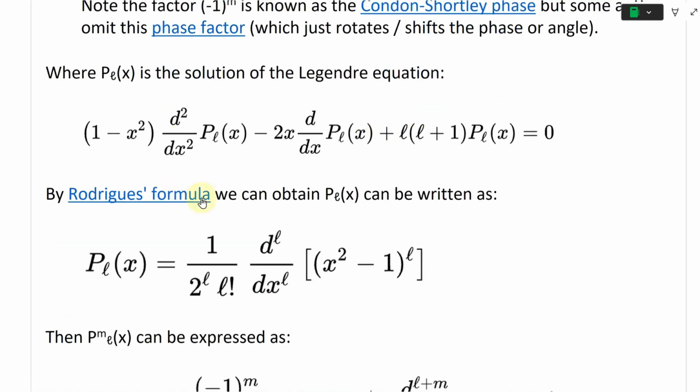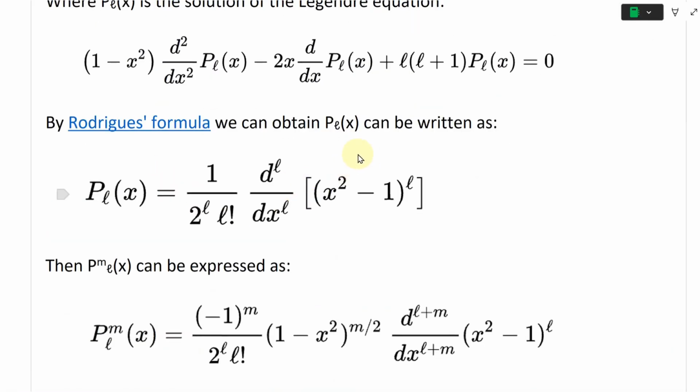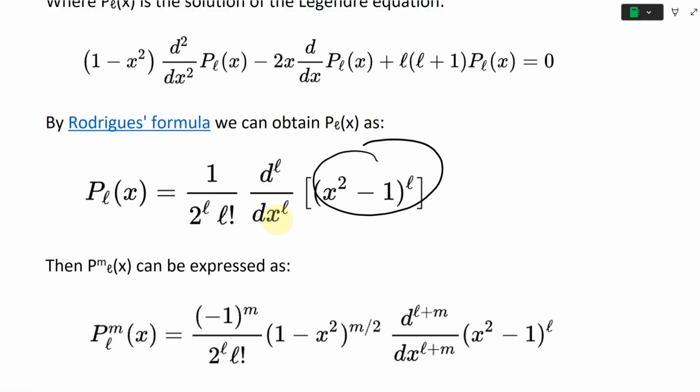So then by Rodrigues formula, we can obtain PL of x as PL of x equals 1 divided by 2 to the power of L times L factorial. So there's a factorial showing up somehow. And then times d^L over dx^L, the Lth derivative of x squared minus 1 to the power of L.